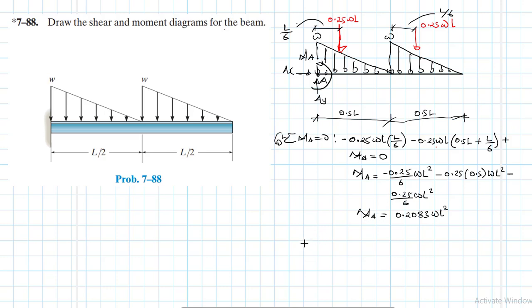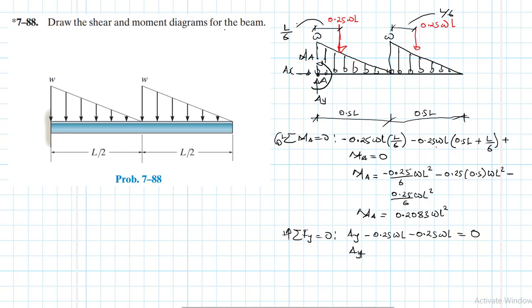Okay, this is fine. Then we have summation of forces in the y direction equal to 0. We have AY minus 0.25WL minus 0.25WL equals 0.